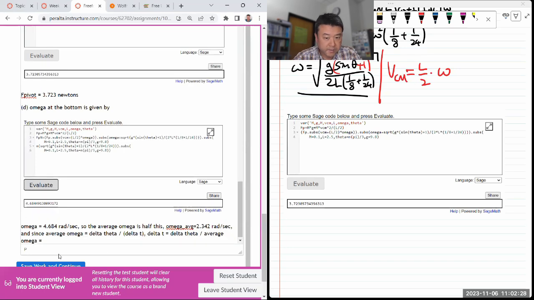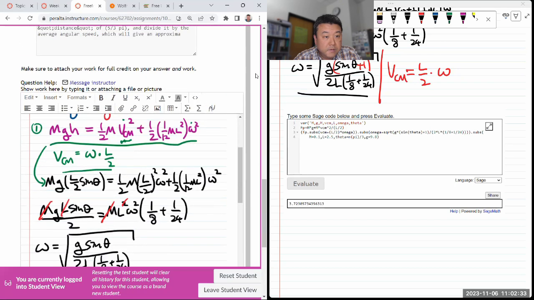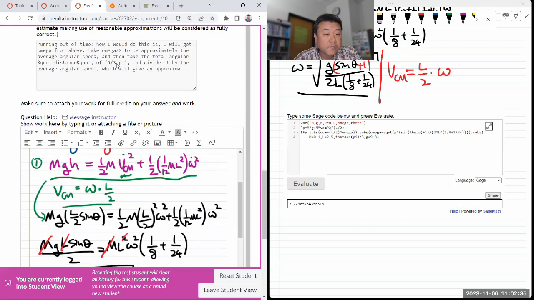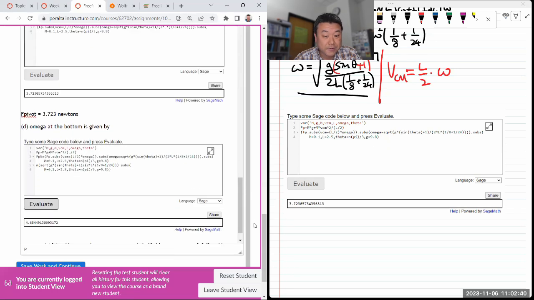And I worked out delta theta in the answers above. It was 5 over 3 pi. That's probably right, within order of magnitude anyway.